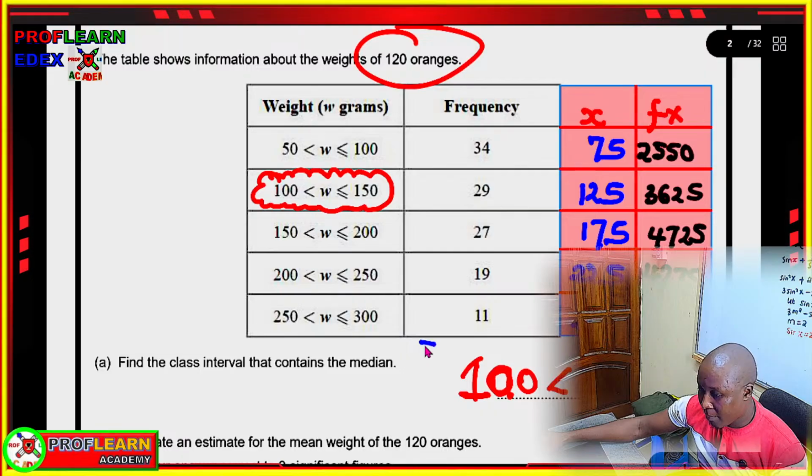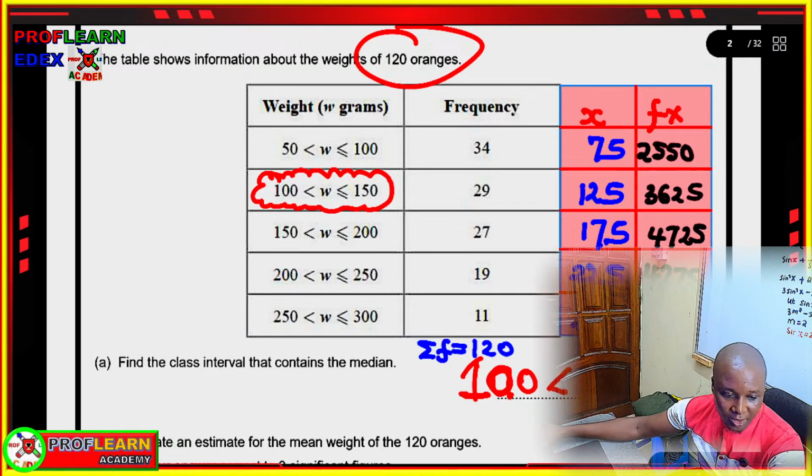So summation of f is equal to 120. Then summation of fx, if we add everything that we have here, what are we going to get?